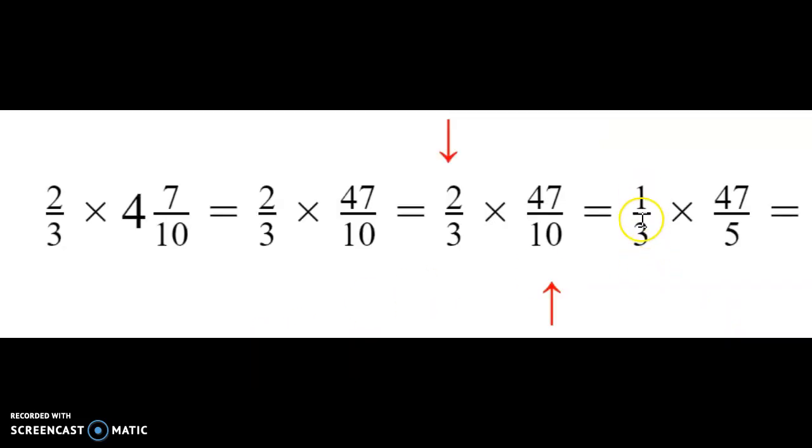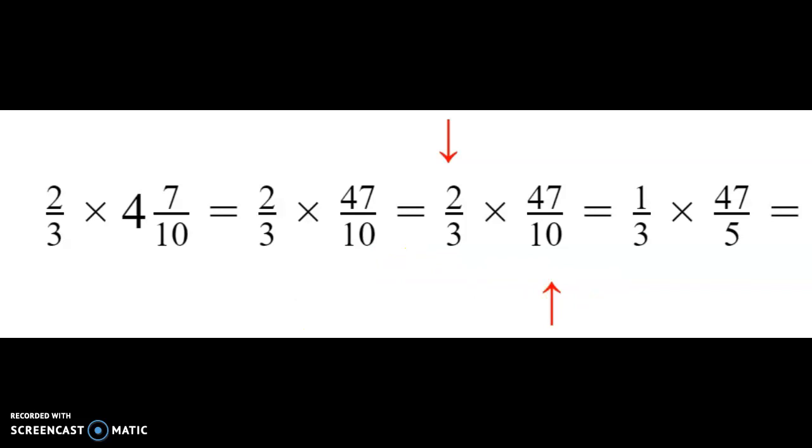Okay, here on this side of the equation, we can see that the 2/3 became 1/3 because of the cross canceling with the 1, because we said that 2 went into 2 one time, so that's how we got that. And the 47/10 became 47/5. How did that happen? Well, when we looked at the denominator side, we recognized that the 2 went into 10 5 times.